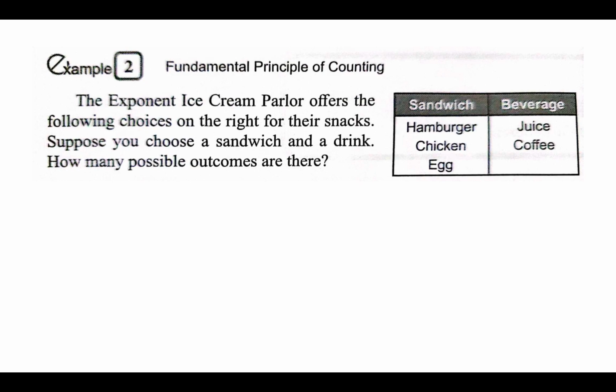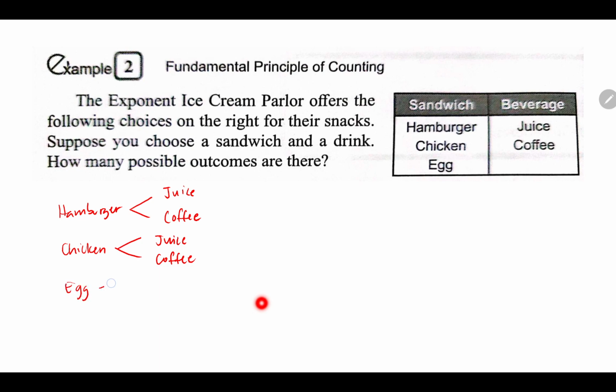If we are going to list the possible outcomes using the tree diagram, we can write hamburger, then we have juice or coffee. We also have chicken, then juice and coffee. And we also have egg, then juice and coffee.